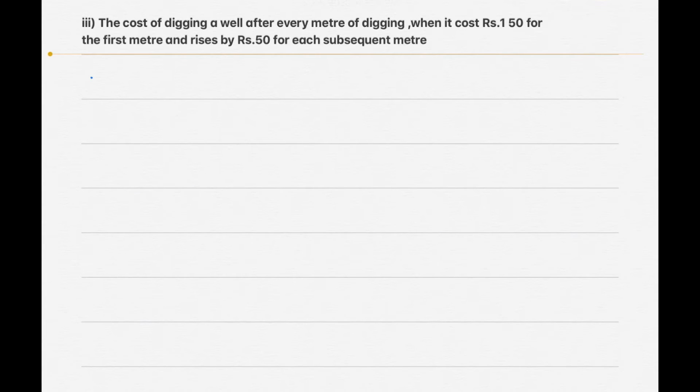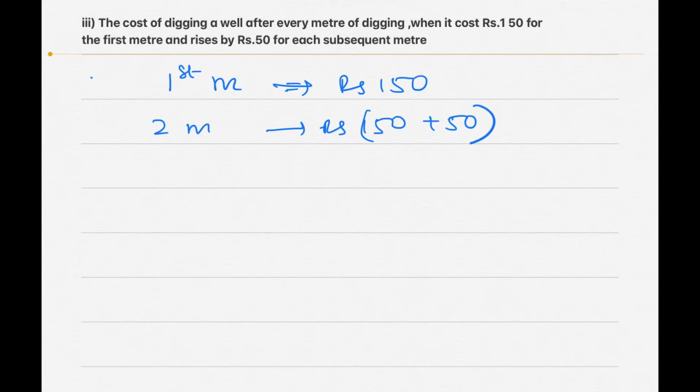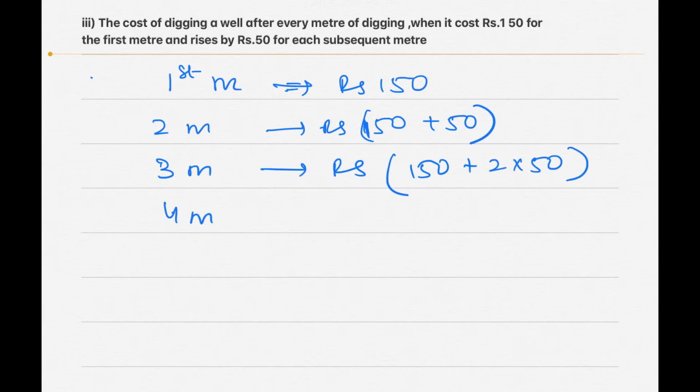For the first meter, the cost will be rupees 150, and if I have to dig 2 meters, then my cost will be equal to 150 plus 50, right? Then if I have to dig 3 meters, my cost will become 150 plus 2 into 50, that is 150 plus 50 plus 50, right? So that's fine. For 4 meters, my cost would be rupees 150 plus 3 into 50, correct?